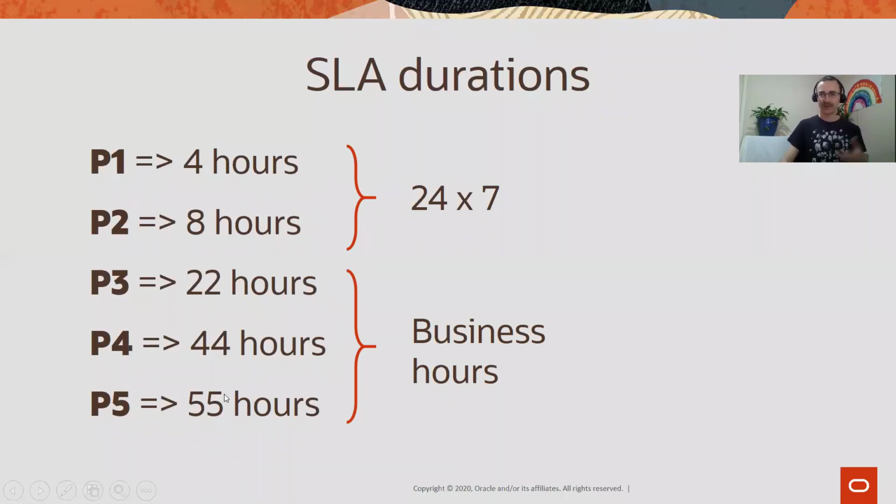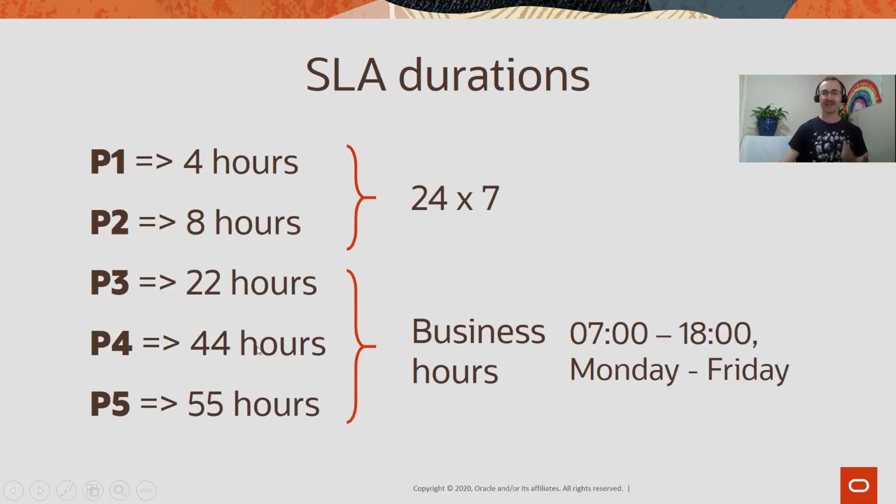Same for priority 2, except you've got 8 hours. However, for priorities 3 to 5, the SLA counter only activates during business hours, which in this case we've defined as 7 a.m. to 6 p.m. Monday to Friday. So that means we don't need to worry about weekends.